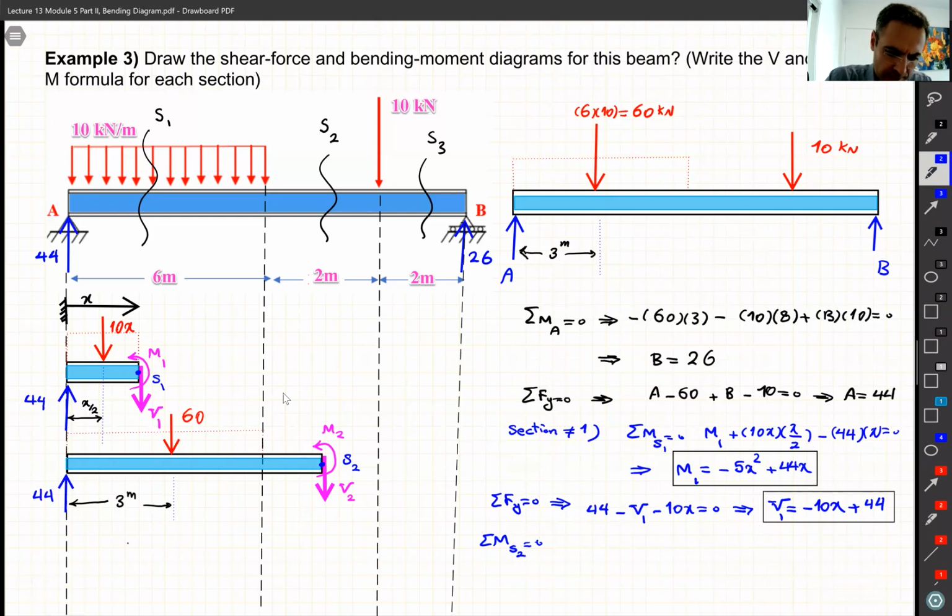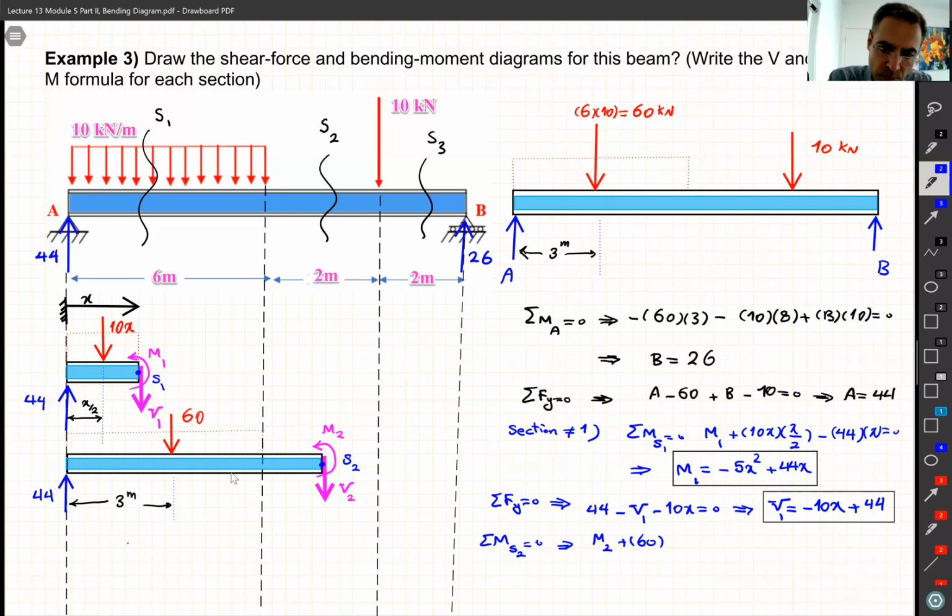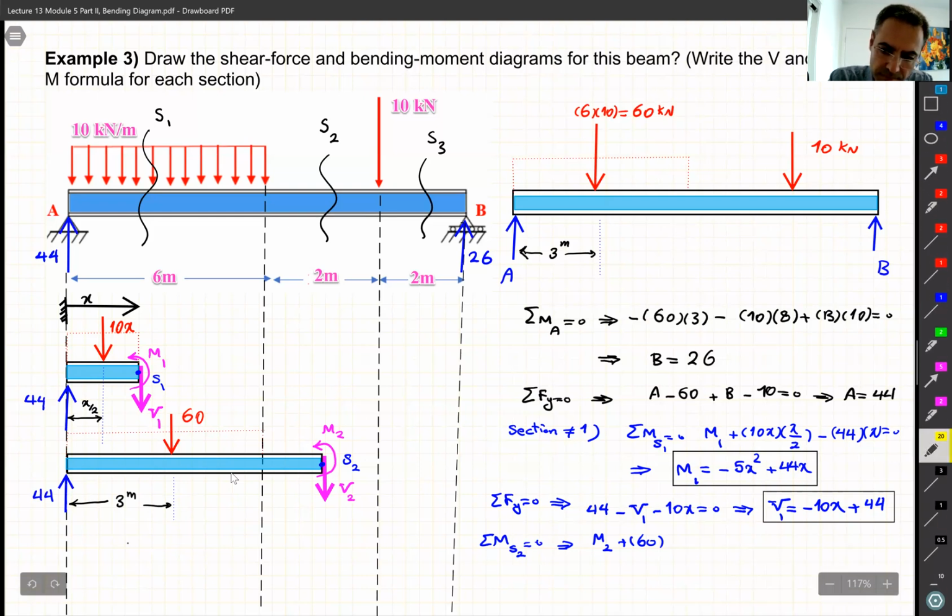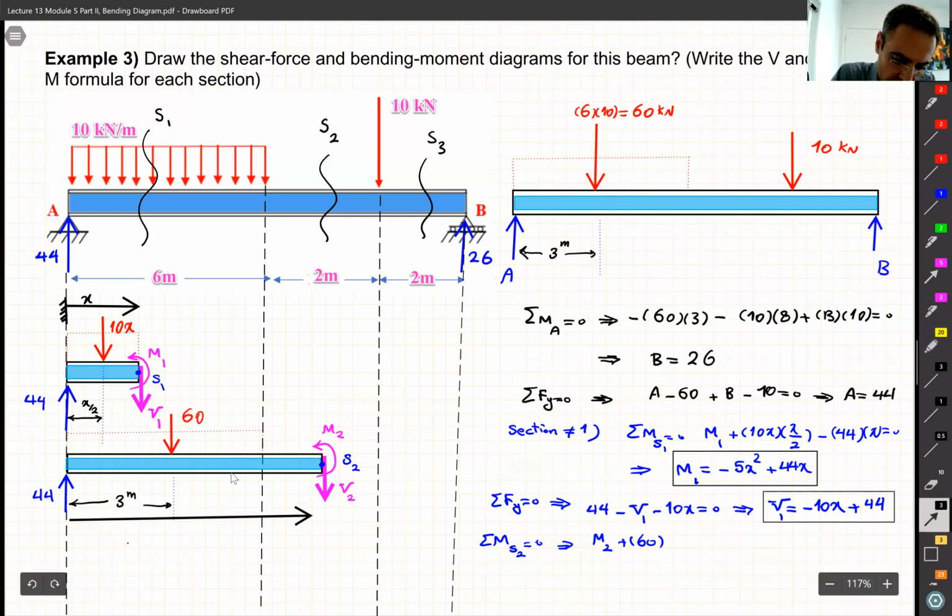And it gives me, all right, let's see. We have M2. We have 60 multiplied by the distance. Be careful about the distance. Remember, the whole thing from the beginning to that point is x. This is one of those things that I always make mistakes on. So from the beginning to here, we have x.